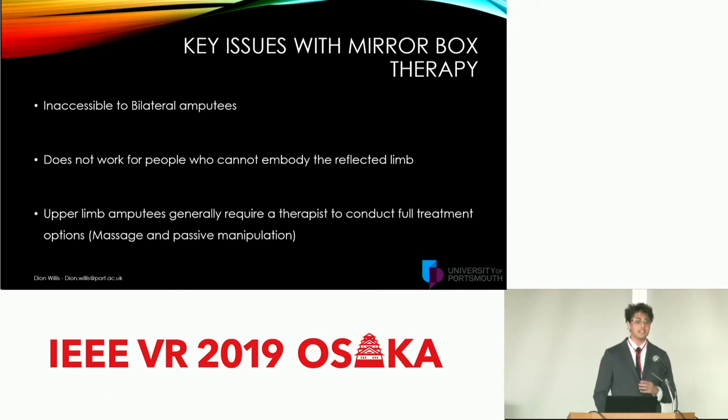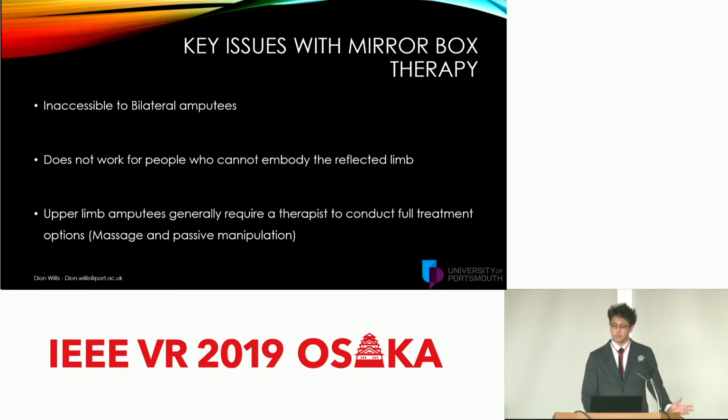There are some key issues with mirror box therapy though. It's very inaccessible to a bilateral amputee. A bilateral amputee is when they have both arms removed, because you can't reflect a limb anymore. You may think, well, you can get someone else to reflect the limb instead. If they cannot embody that limb, then the treatment doesn't seem to work, okay?